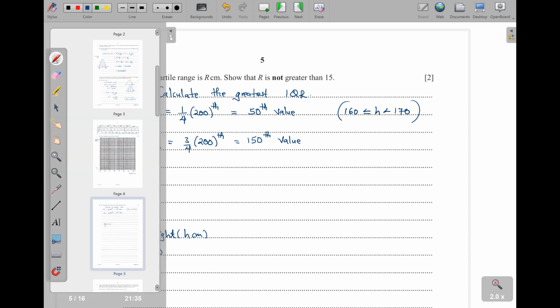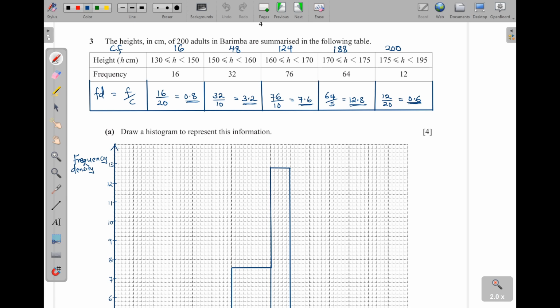Okay, then let's go to the 150th value. Where does it lie? For the 150th value, already this is 188. This one is 124, so up to here we have exhausted up to the 124th value. So the 150th value has to lie in here, because the 125th, 126th, and up to the 188th is within here. So 150 is within this one here.